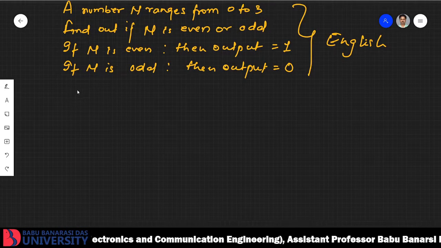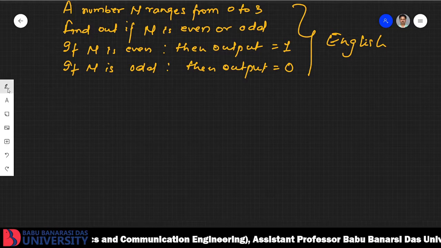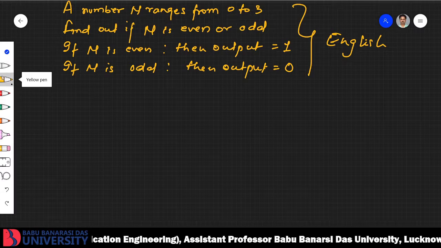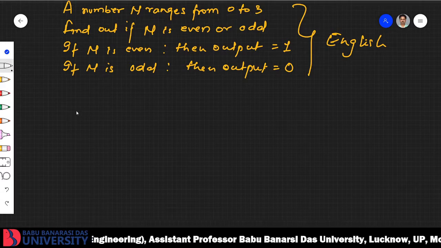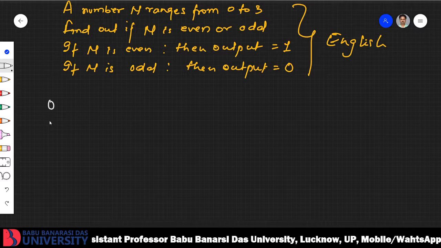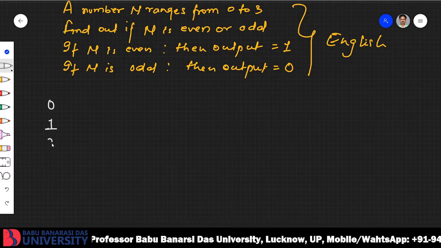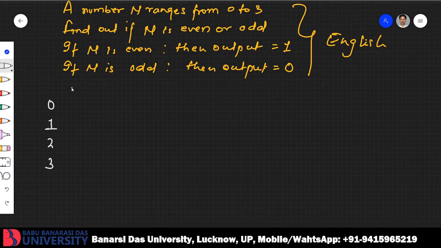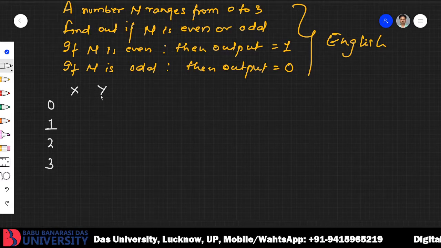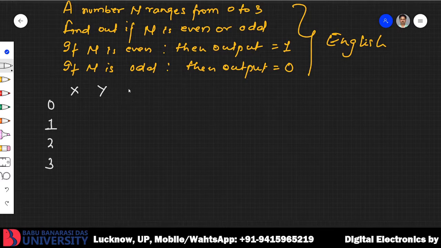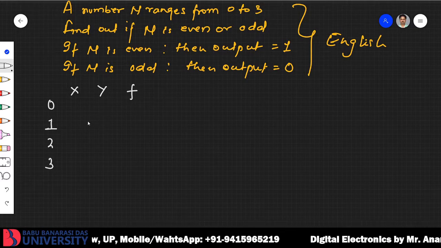For this, let us have one table where we will write the numbers 0, 1, 2 and 3. We choose variables x and y, and this represents the function f.